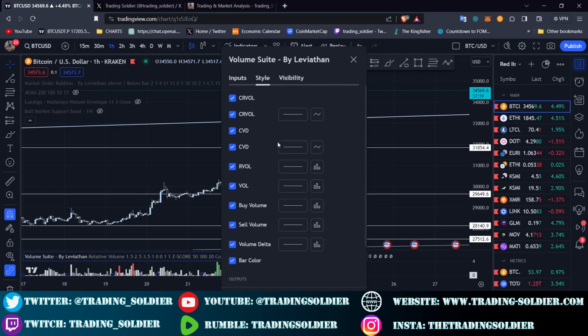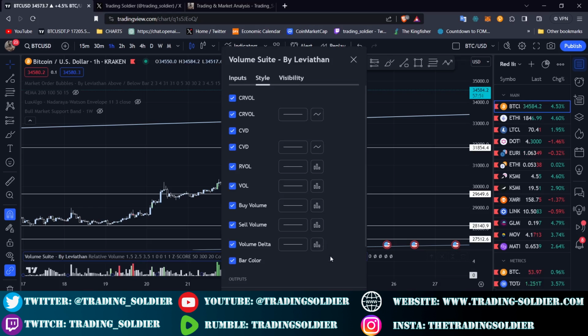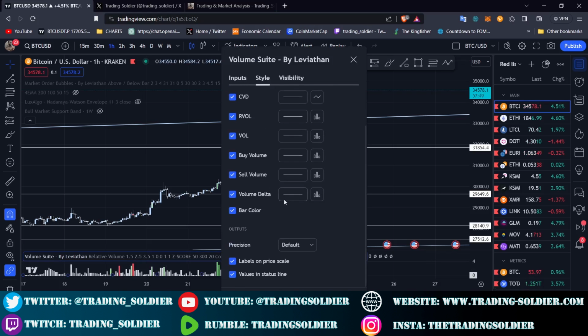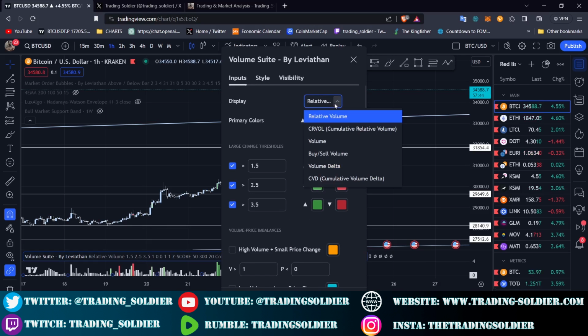Then you also have the option to switch between a lot of functions. So if you go here, let me pull this out. Okay, here in display, as you see now, I have selected the relative volume because it's my favorite type of volume and the type of volume that I use the most. But with the same indicator, Volume Suite, you have a lot of other volume functions that you can use.